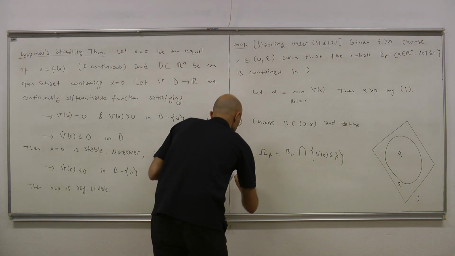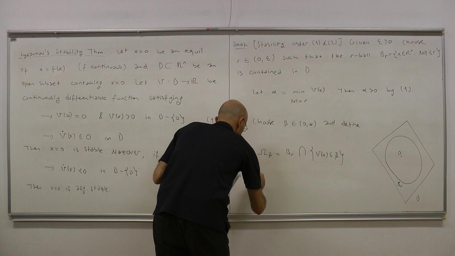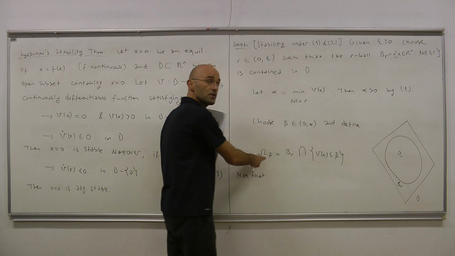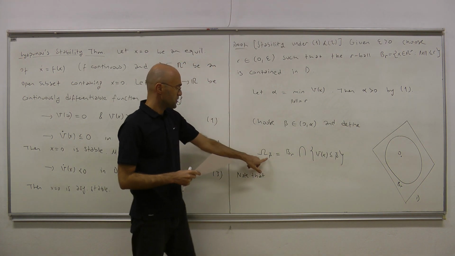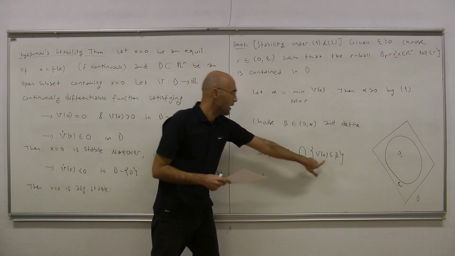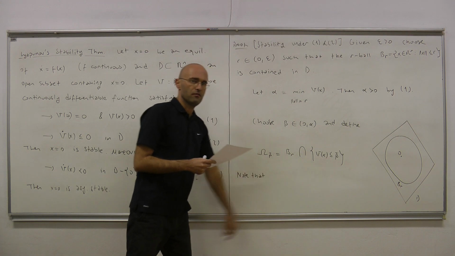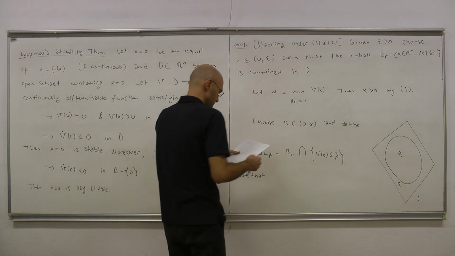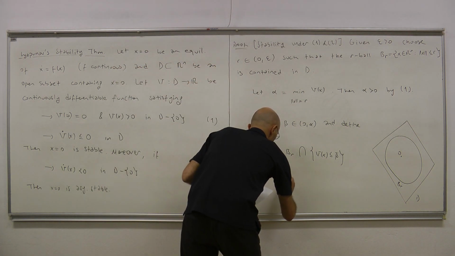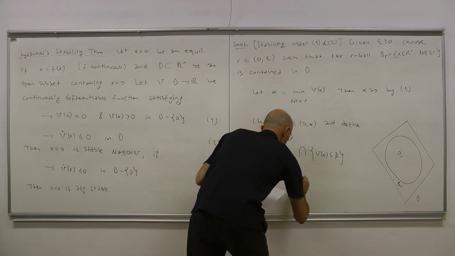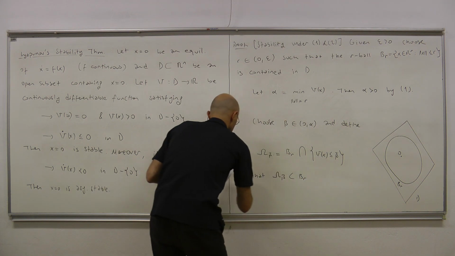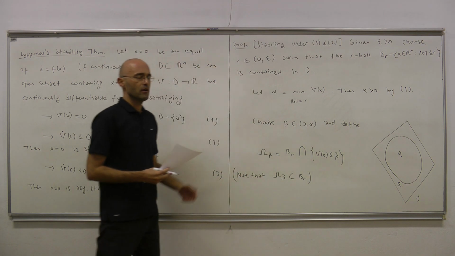Note that this set is a subset of both the R ball and the set where V of x is less than or equal to beta, because of the definition of intersection. Note that omega beta is a subset of B_R, which will be useful later on.